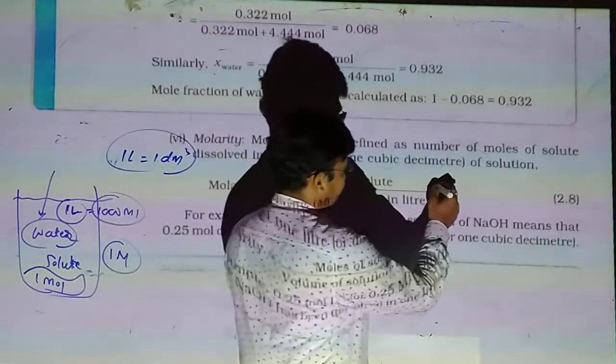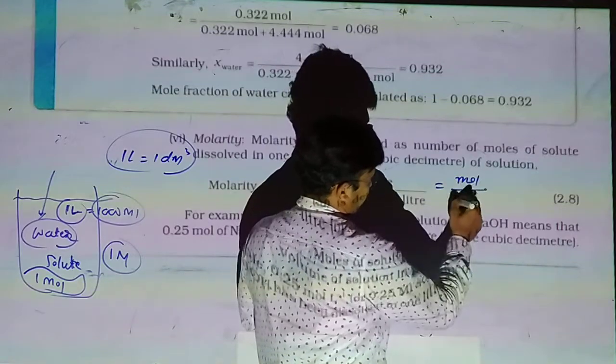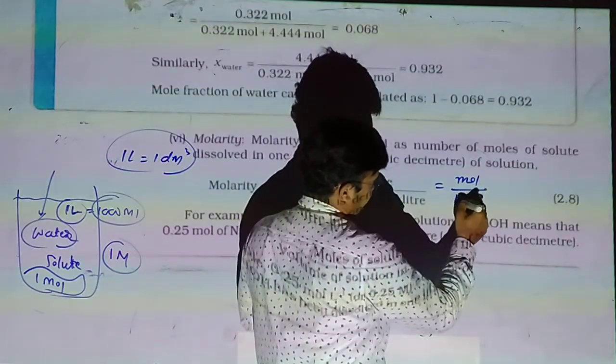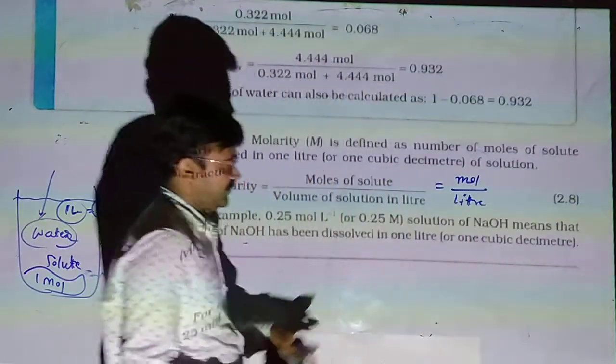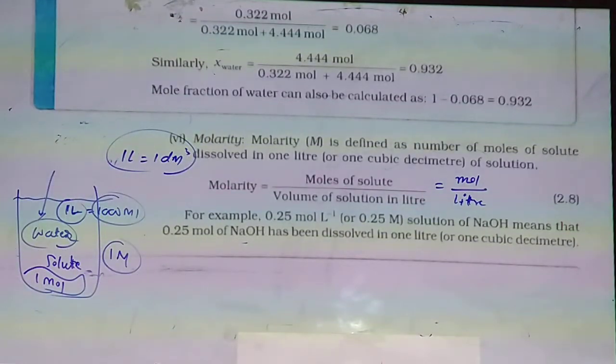Moles of solute upon liter volume of the solution. Molarity is defined as number of moles of solute dissolved in 1 liter or 1 cubic decimeter of the solution. So molarity equals mole of solute upon volume of solution in liter.